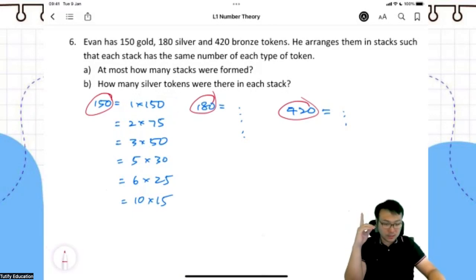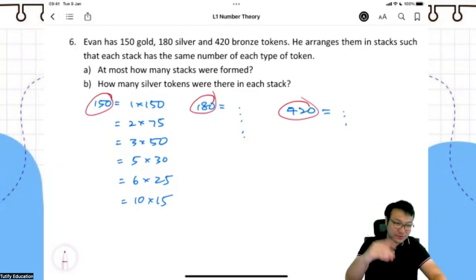Now, Kate, do you notice that every one of these numbers ends with a 0? Yes, it does. Now, what kind of shortcut do you think I can do? Instead of using 150, 180, 420, all of them end with a 0. Instead of using all those big numbers, what numbers can I use?